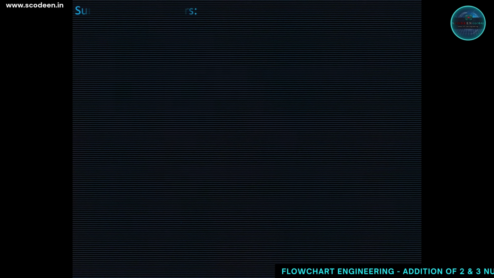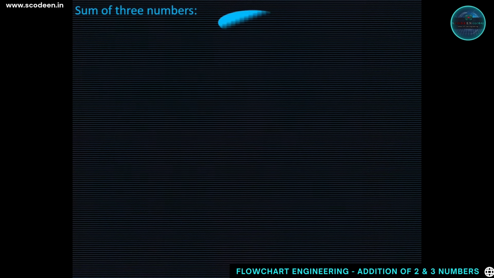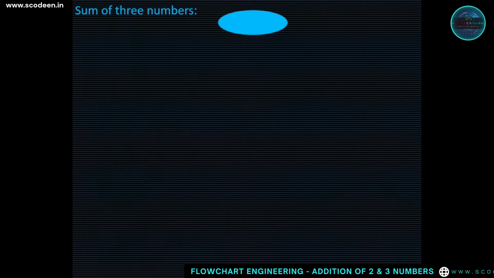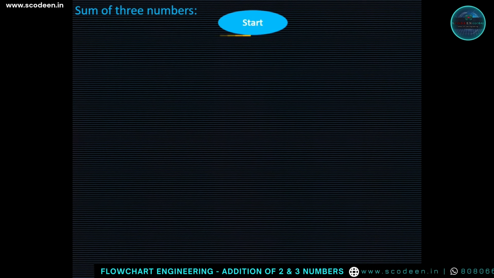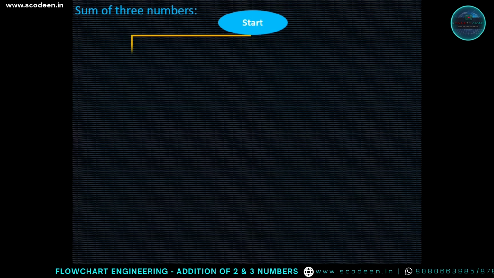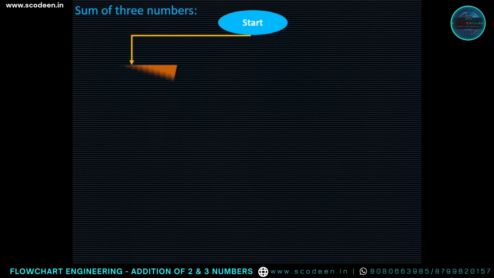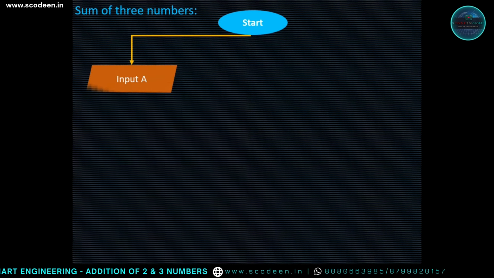Okay, let's try to understand another program, addition of three numbers. So here everything will remain the same, just one input will be added. So now observe the flowchart here.